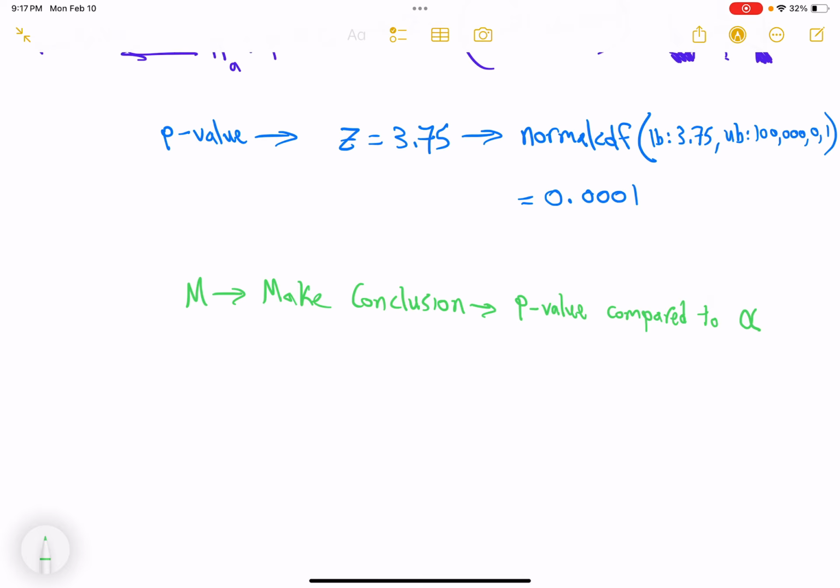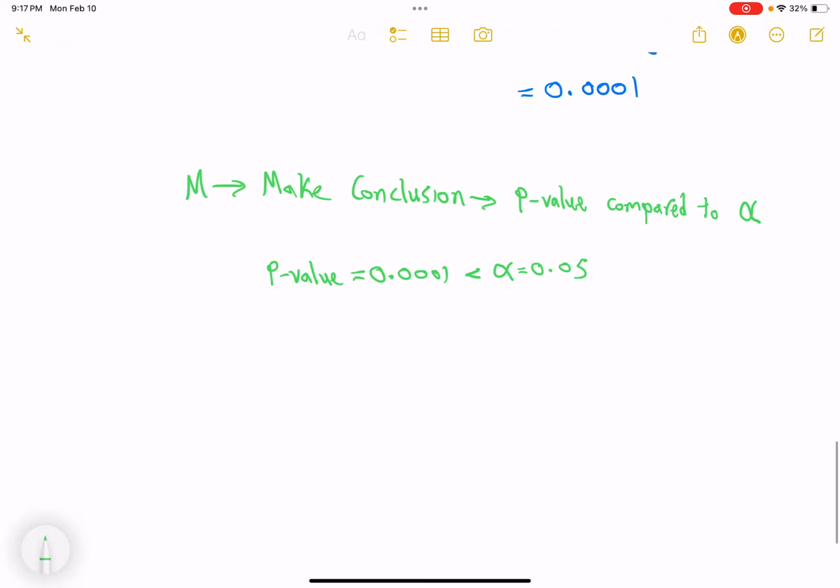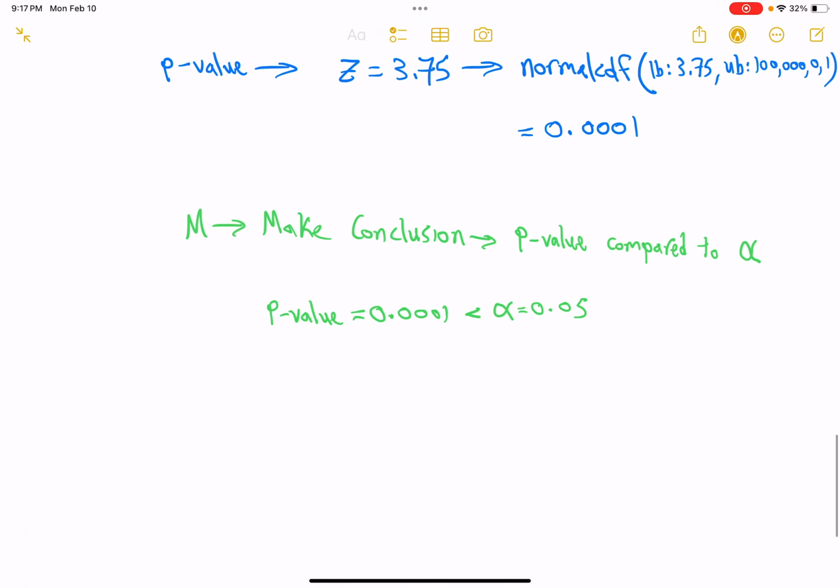Let's do this, okay? Our p-value is 0.0001, something like that. We are going to note that that is less than the alpha, which is equal to 0.05. So you will do 0.0001 less than 0.05. Therefore, we reject the null.